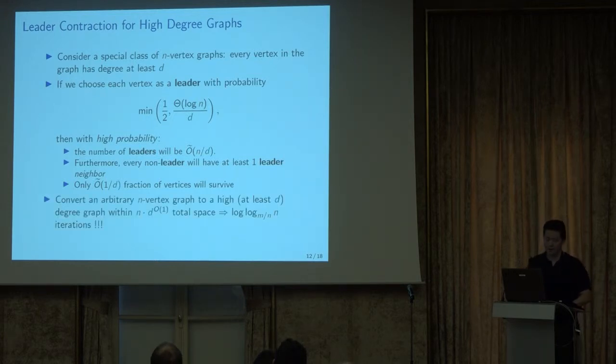If we can convert an arbitrary n-vertex graph to a high-degree graph, which means that you have a uniformly large degree d, and if we just use n times poly d total space, then we will have a log n number of iterations algorithm. So the problem remaining is how to convert an arbitrary input graph to a high-degree graph.